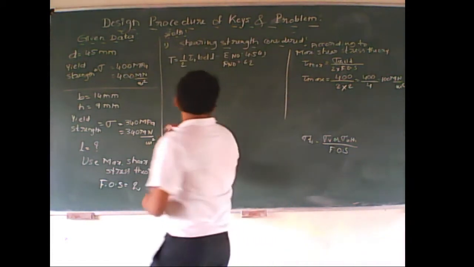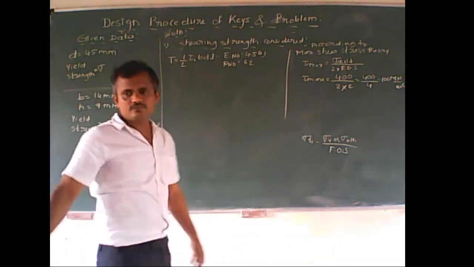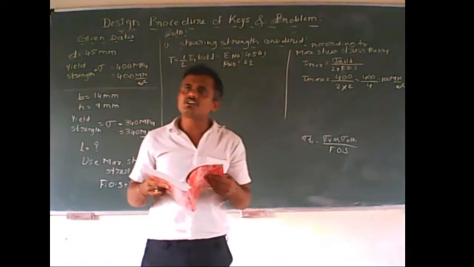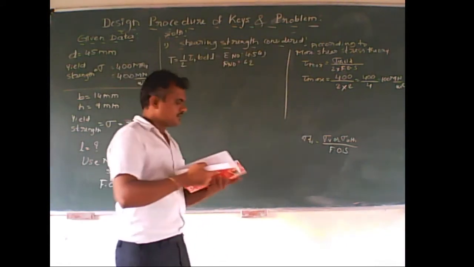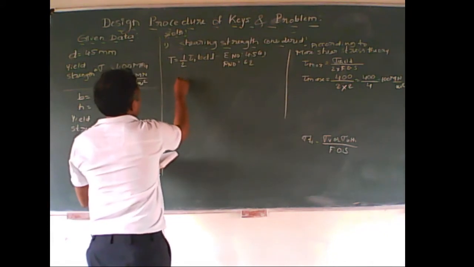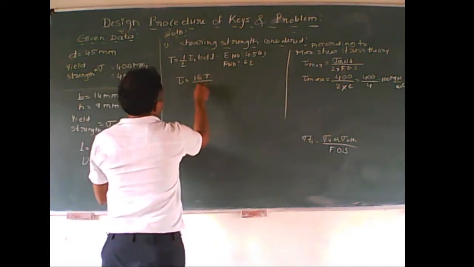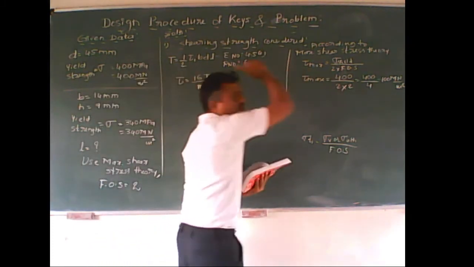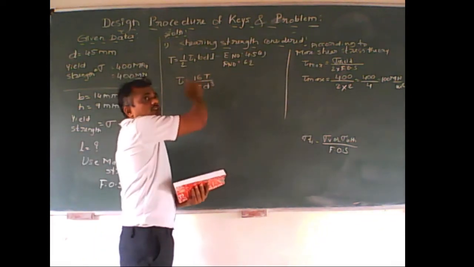Understood? So I can use this equation. Now I will use the design of a shaft. What is the equation? Tau is equal to 16T divided by pi d cube. Here this tau value of a shaft material, I can substitute in this equation to get the value of torque.